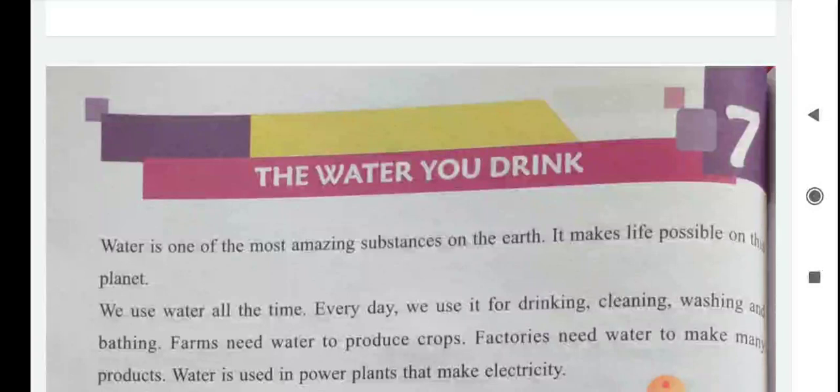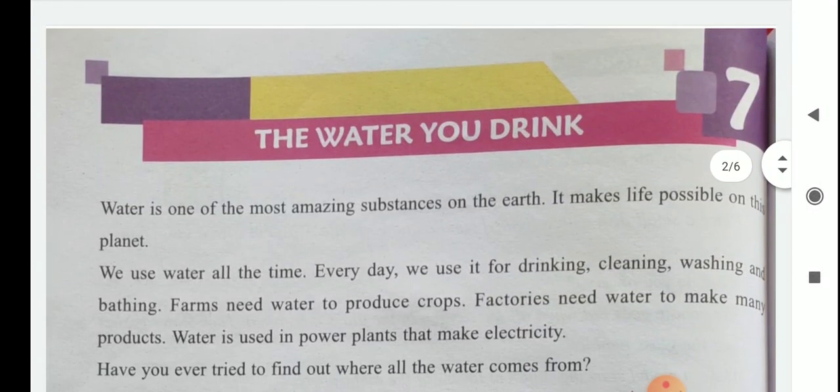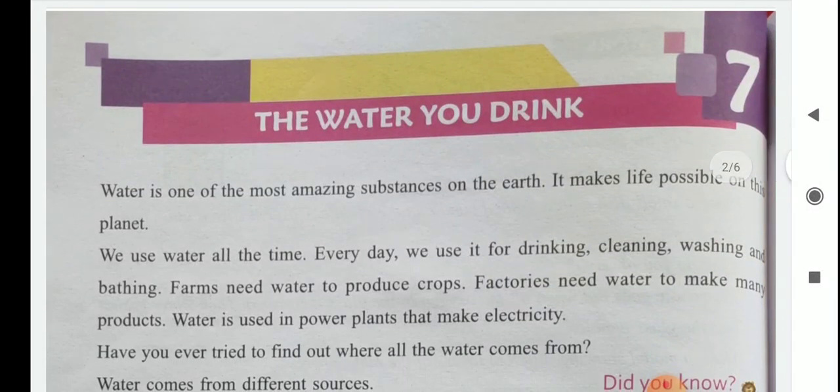Water is one of the most amazing substances on the earth. It makes life possible on this planet. We use water all the time. Every day we use it for drinking, cleaning, washing and bathing.